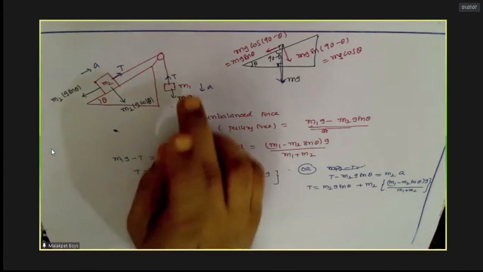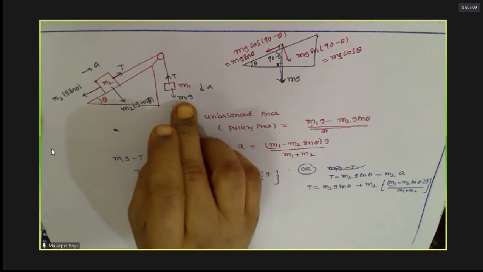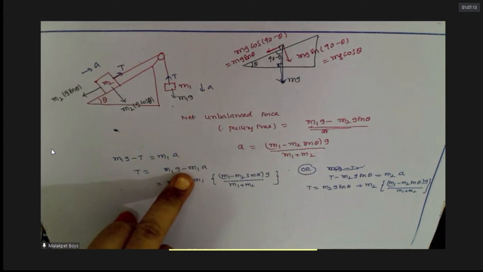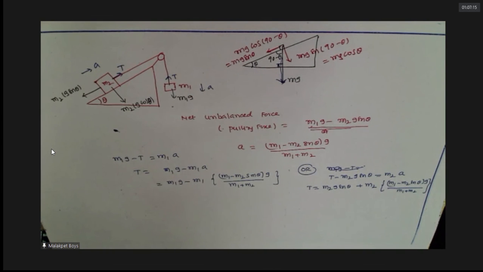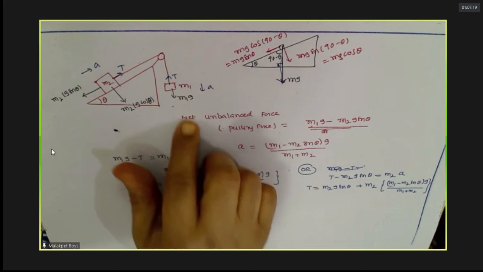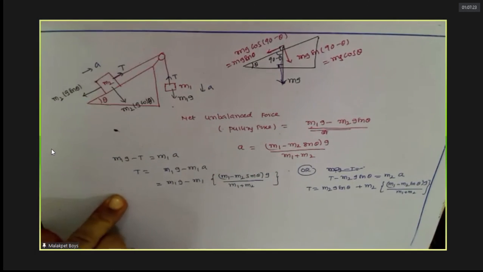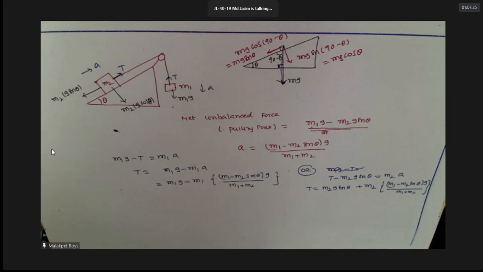This is trying to pull, but that is opposing, no? Yes, sir. The net pulling force will be the difference, no? This is m1g, this is m2g. So what is the net pulling force? Difference. Yes, sir. Understood, sir.